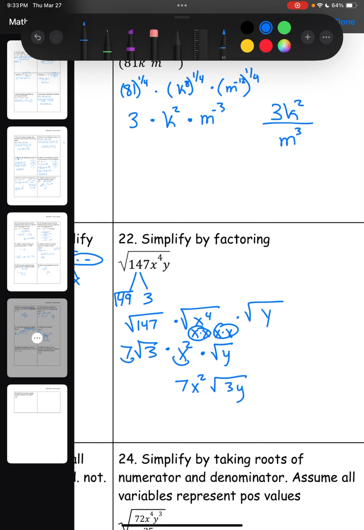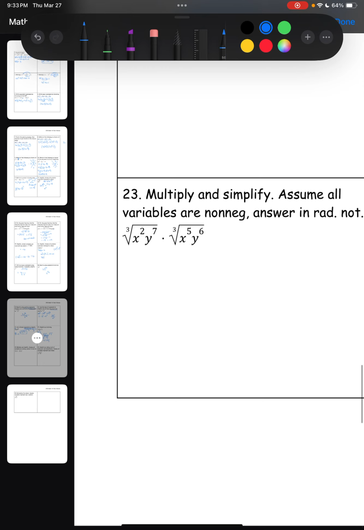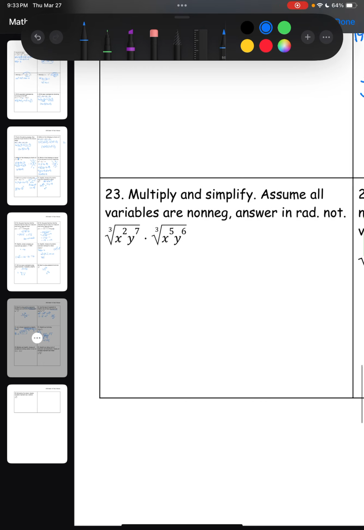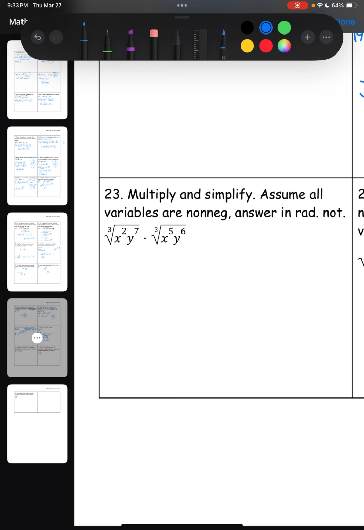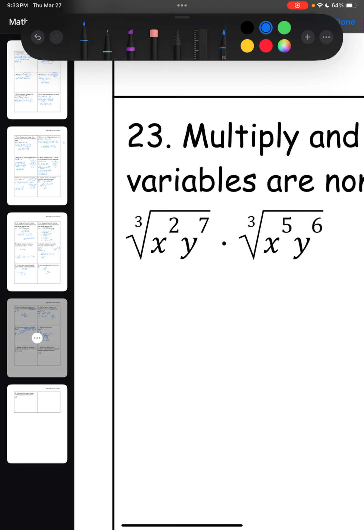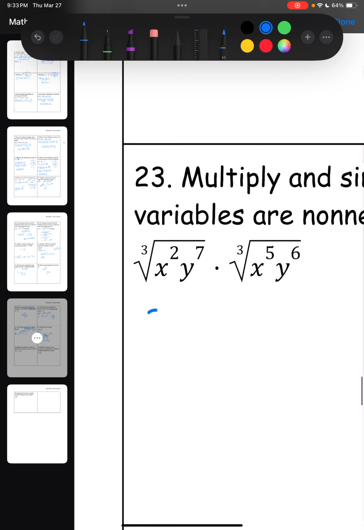Alright, number 23. 23 is just simplifying again, right? So, what I'm going to do is put these in fractions. I know usually you want to get rid of the fractions or minimize fractions, but actually we're going to make them. So basically what's happening here is it's x to the third times 2.